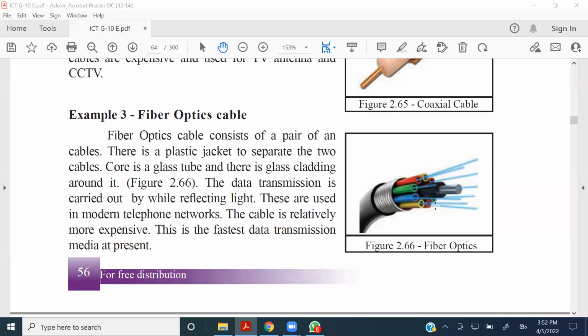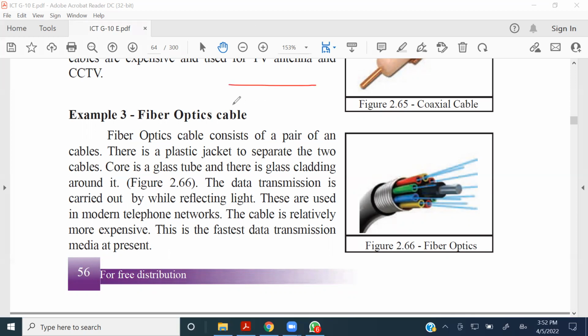Because the light is going to travel inside these things with the help of reflection, right? So it reflects inside the glass tube and communicates.